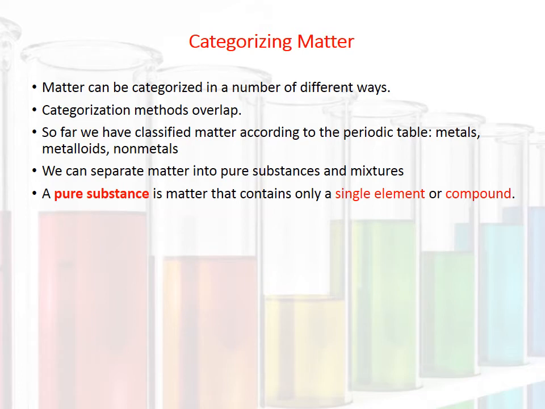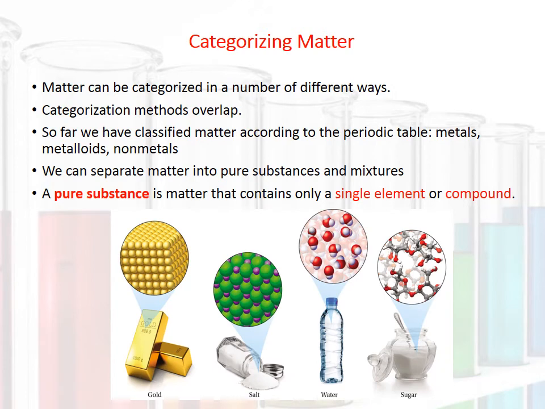This figure shows some examples. On the left-hand side we have gold, which is an element. So a sample of gold without significant contaminants would just contain atoms of gold, so it would be pure gold. The three items shown on the right are all compounds.